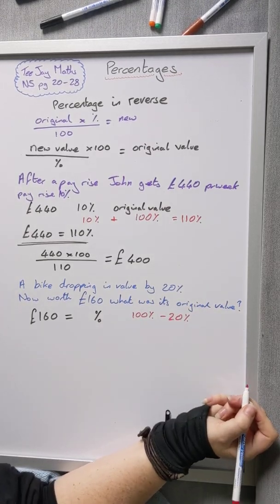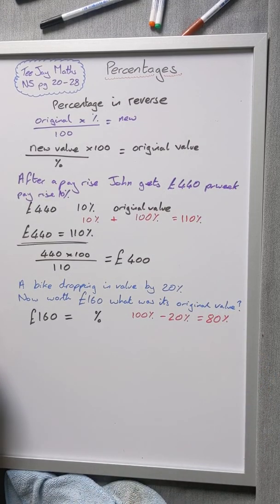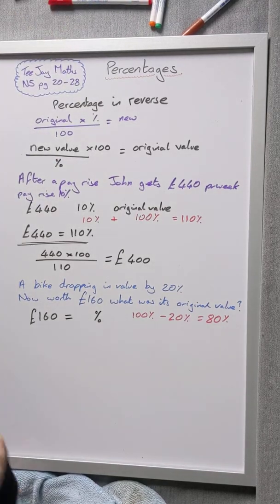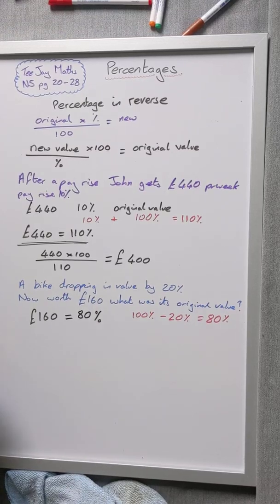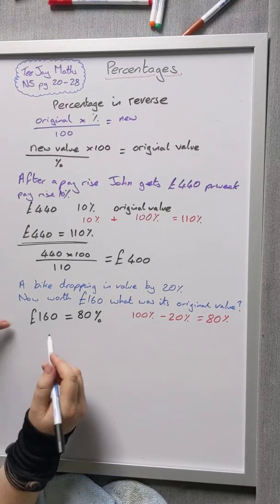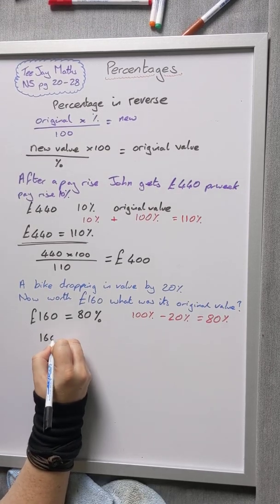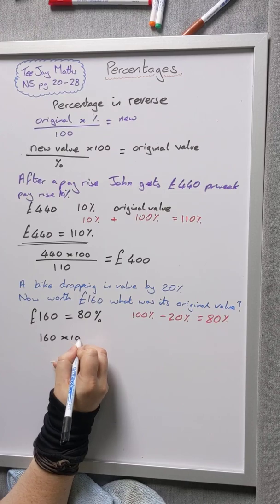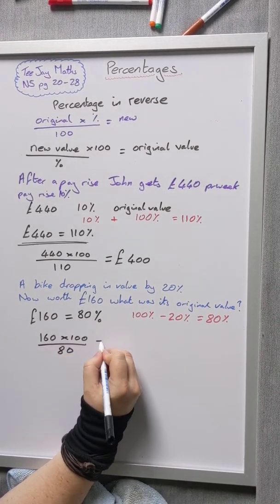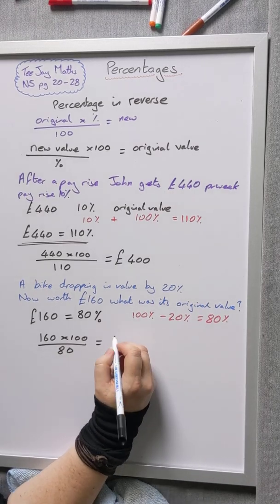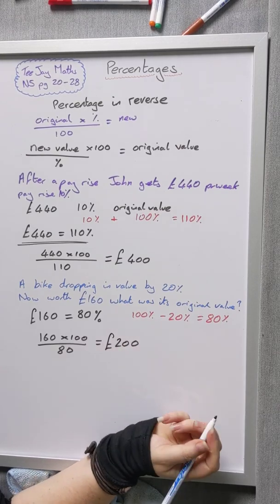So that is 80%. So that means we know that £160 is 80%. We can stick all this into our formula and we have 160 times 100 divided by 80. And that gives us an original value, when you stick that in your calculator, of £200.